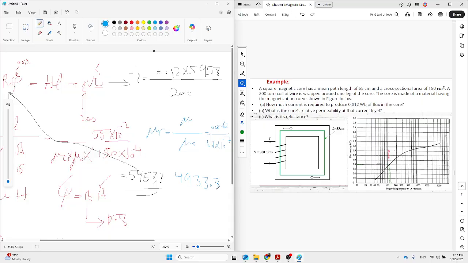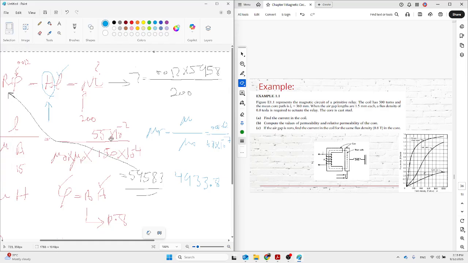And for the reluctance, it was also calculated. You can calculate H too: L is given, so for this part you can calculate H.